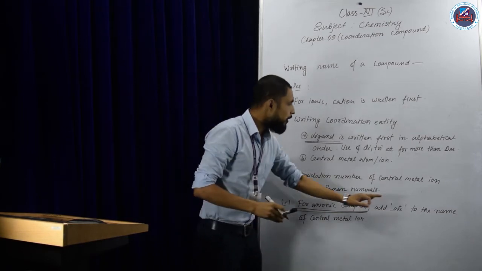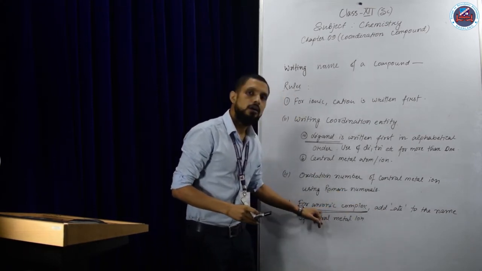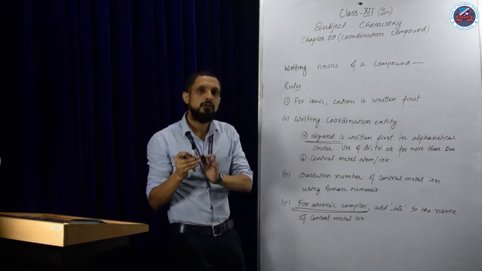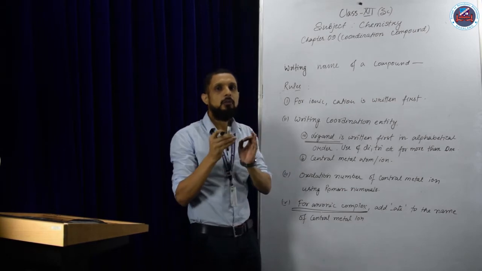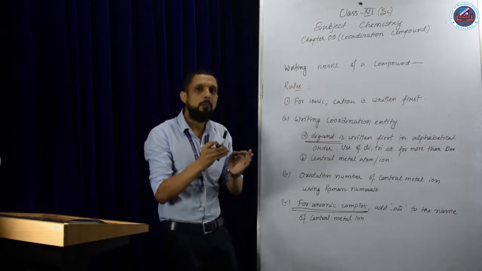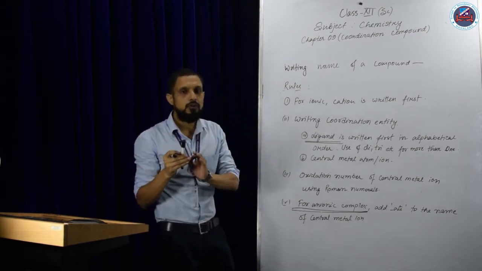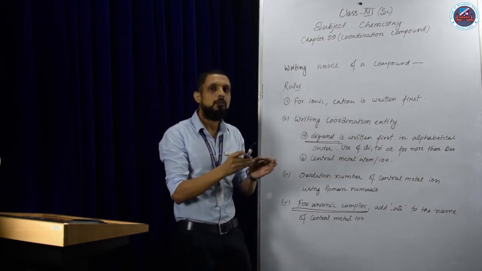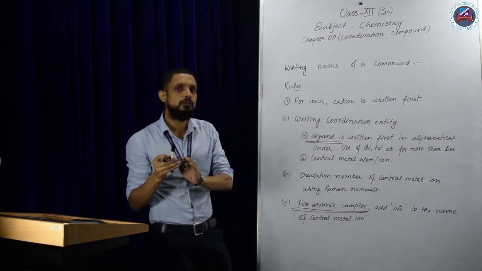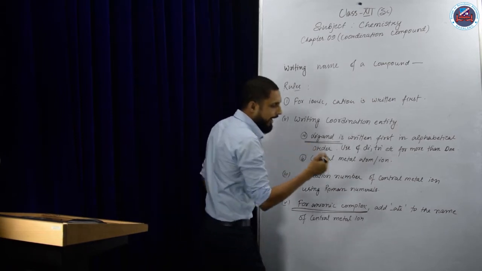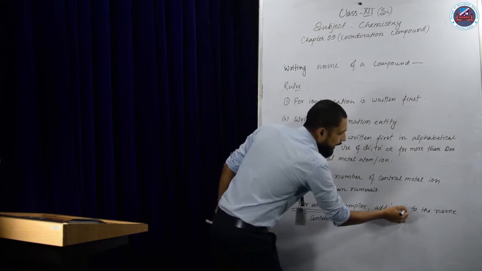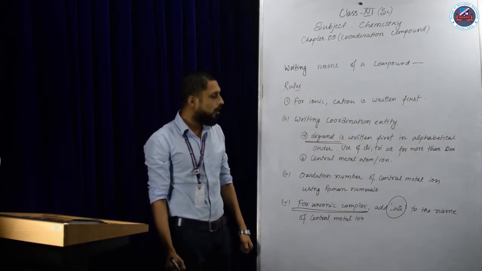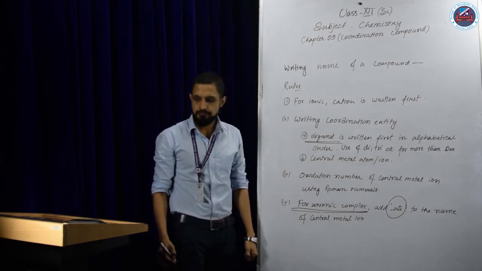But in the case of anionic, platinum will become platinate, nickel will become nickelate, chromium will become chromate, iron will become ferrate, titanium will become titanate. So for an anionic complex, you'll add ATE to the name of the central metal ion.